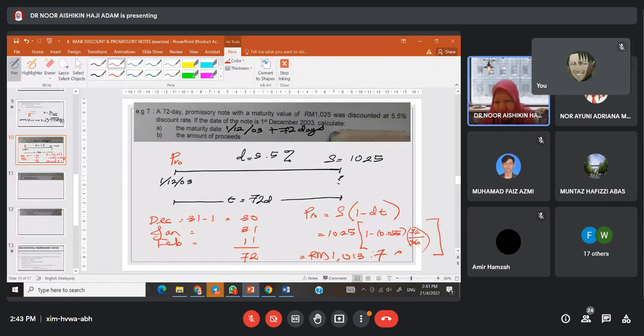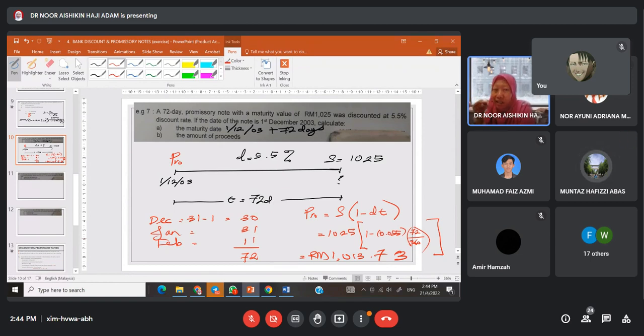Should be 73. Dia tak bundarkan apa-apa kan? 1025 times 1 minus 0.055 times 72 divided by 360. 73.725 tu. Kalau buat yang S minus D tadi dia jadi lain sikit.